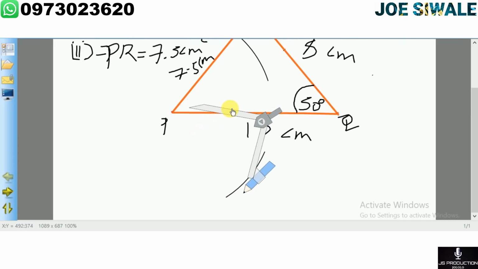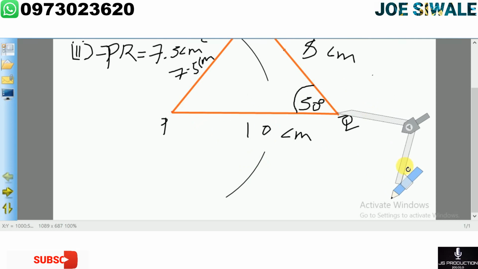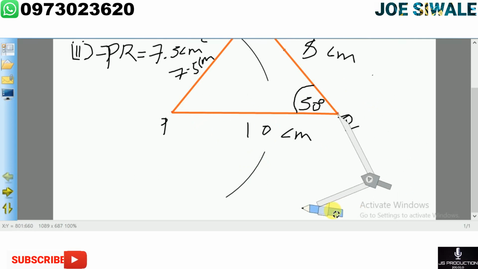Then without disturbing this radius, I'll get the compass. I'll put it at point Q. So make sure you don't disturb the radius.